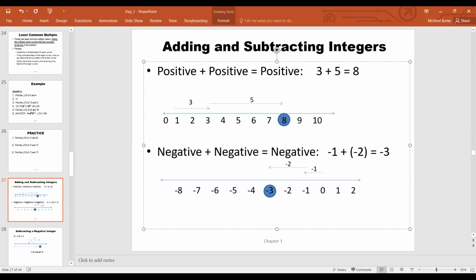We're adding -1 and -2. When the sign of the number is negative, we're moving, instead of to the right, to the left from 0. So we got -1, so we start at 0 and go left 1. -2, we go 2 more spaces to get to -3.